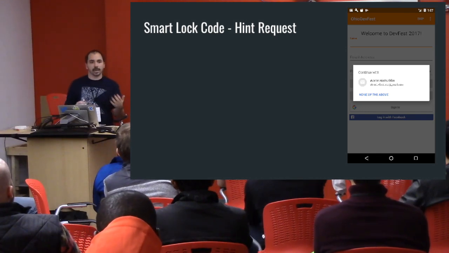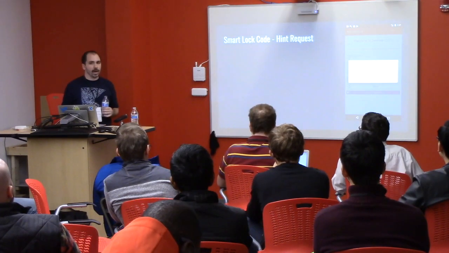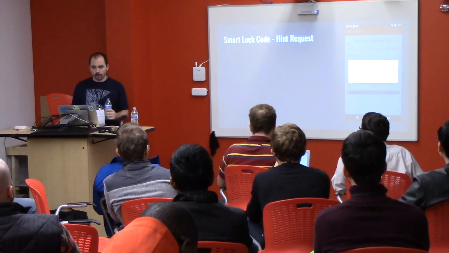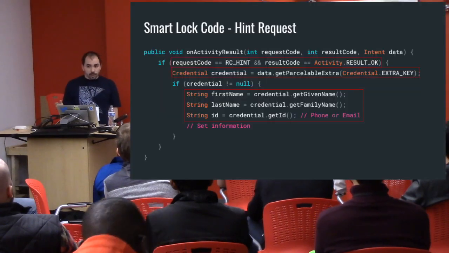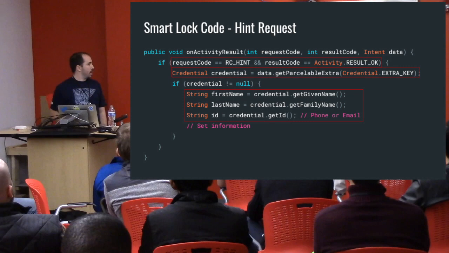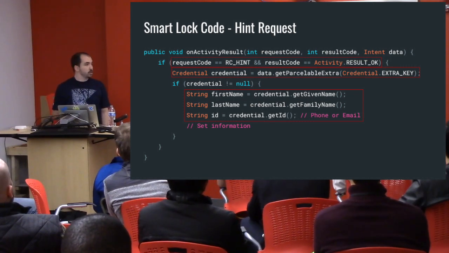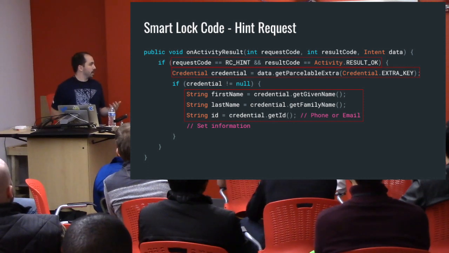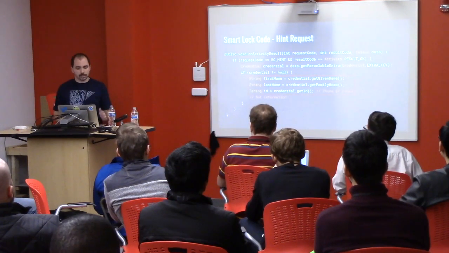You can have sign in with or create account with, and also add a cancel button or adding an account. And it'll go through the add account process through the Google APIs there. And then if you're familiar with Android APIs, it'll come back into this onActivity result method. And assuming that it is successful, you'll get a credential object, and then you can just start using it and pulling out the information and filling out your forms. And that's all there is to it. It's as simple as that.